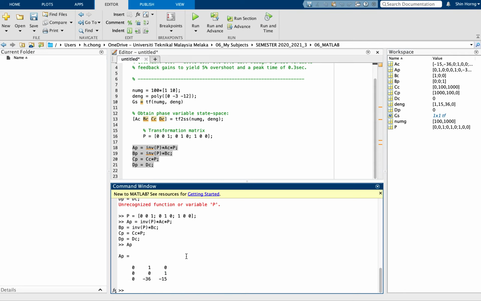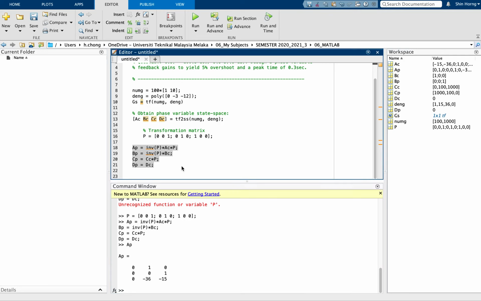What we learned in class is that we design the state feedback based on the phase variable form, and now we are required to get the phase variable feedback gain. So now the matrix is ready. We go back to what we learned in the class, the solution.